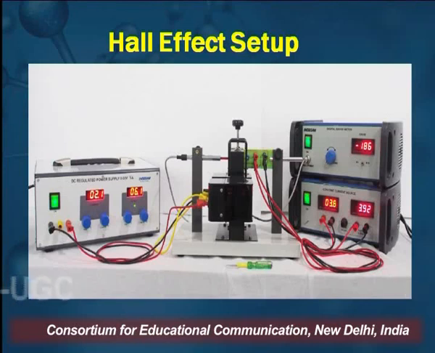So by adjusting the current from the left hand side current source, we can change the magnetic field produced between the electromagnets. For the same experiment we have to fix this magnetic field constant.